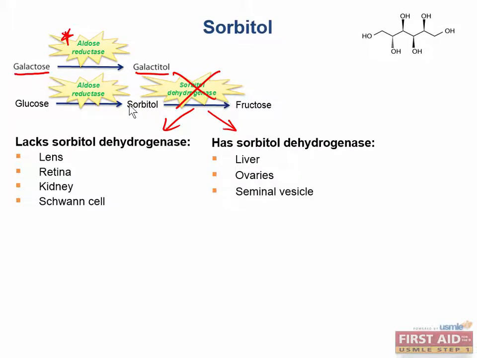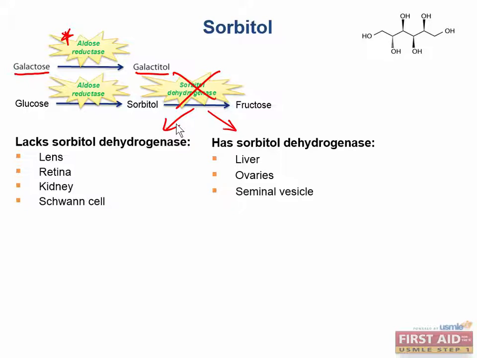So we're going to get this sorbitol trapped within the cell, which can cause damage because it is osmotically active. What do I mean when I say something is osmotically active? High amounts of sorbitol can create a concentration gradient that pulls water into the cell, causing it to swell.